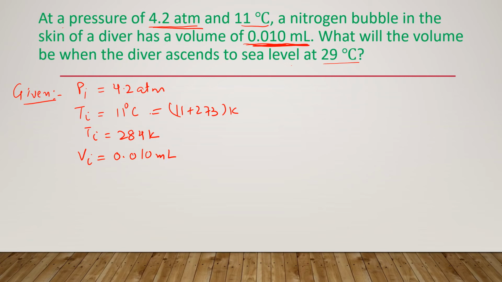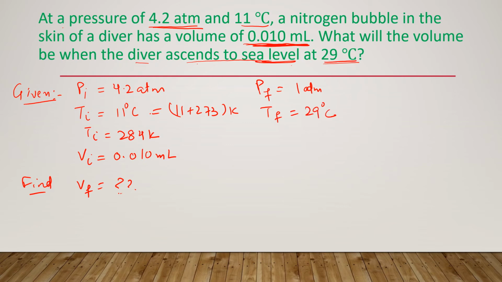What will the volume be? It means that we want to find the final volume. So V final is unknown when the diver ascends to sea level. So finally the diver goes all the way back up to sea level. What is the pressure value at sea level? We know that the pressure at sea level, the final pressure, is equal to 1 atmosphere, because at sea level pressure becomes 1 atm, and T final is also given, which is 29 degrees Celsius.